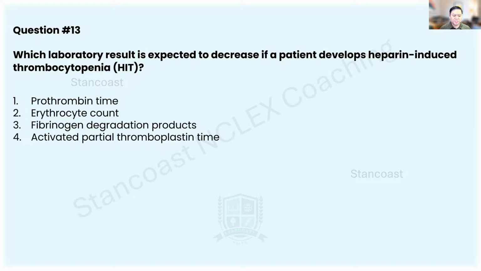This question is quite complex, to be honest. So the rationale for this test question is kind of gonna blow your mind because of the mechanism involved, the immune-mediated response in the body.